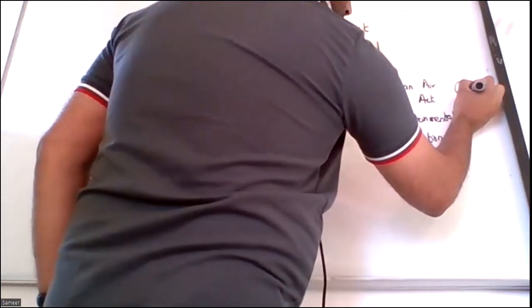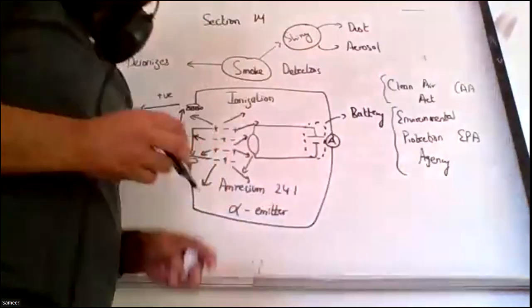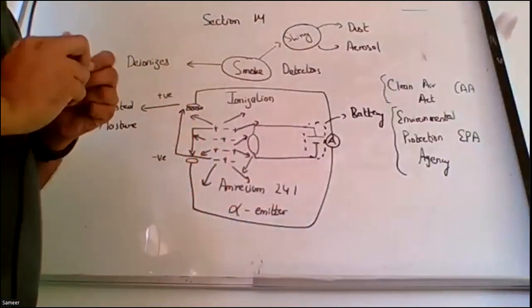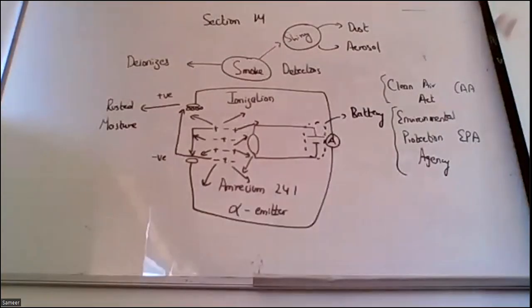So the CAA and EPA have both banned the further use of ionization detectors. Why is it not being used?